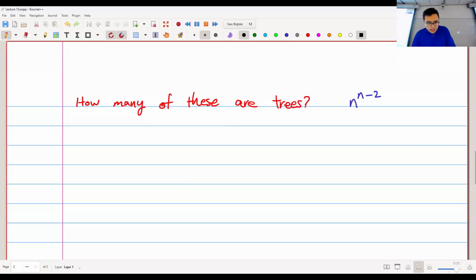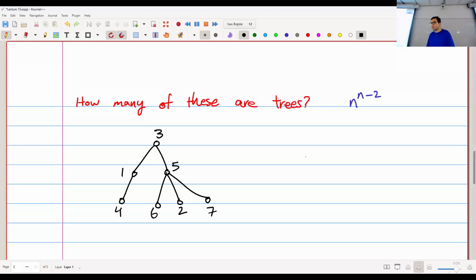So let's say I have a tree. I'm going to just create a tree here. And I'm going to number my vertices. So whatever, 1, 2, let's say this is 3, this is 4, this is 5, this is 6, this is 7. Okay.